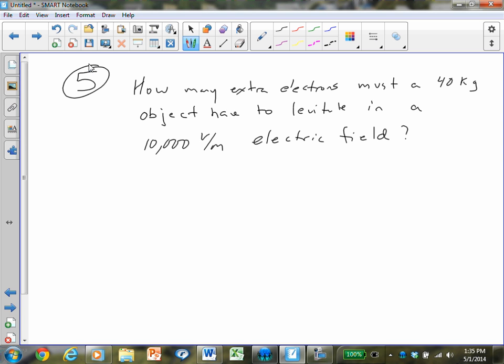So 40 kilograms would be like, well, probably Mary, you might be about 40 kilograms. And this is a strong electric field, so we wouldn't have to give you too many electrons to get you to levitate.